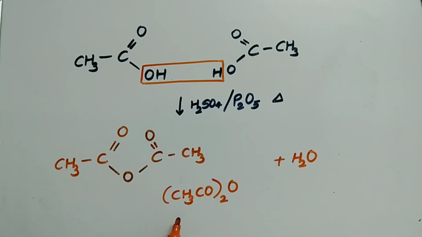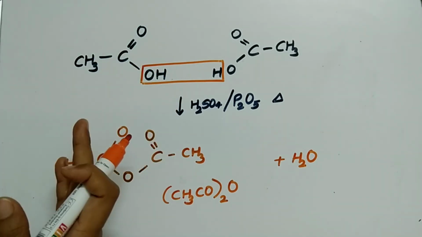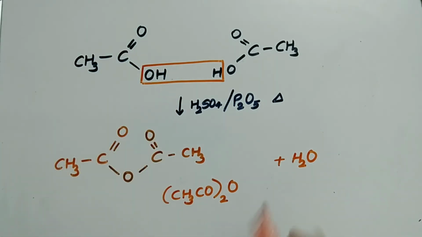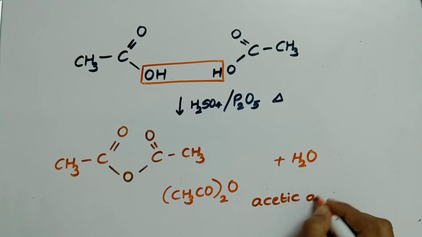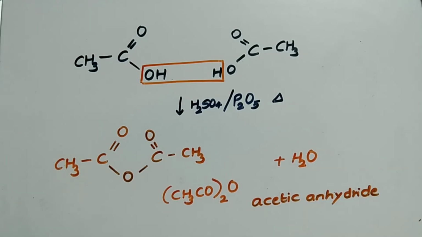So what is this compound? It is an anhydride compound. Since the acid we took is acetic acid, the name of the product is acetic anhydride. So from acids, acetic anhydride can be formed.